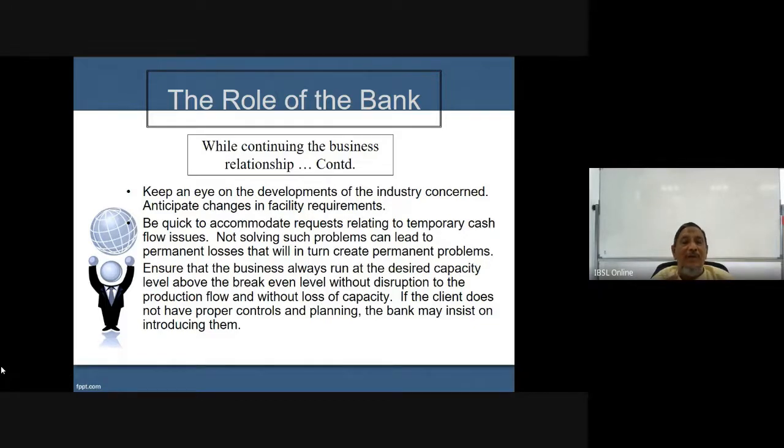Be quick to accommodate requests related to temporary cash flow issues. Not solving such problems can lead to permanent losses that will in turn create permanent problems. Whenever you see a customer coming and asking for a TOD, work out why he is asking for the TOD. TOD is not a product to solve cash flow problems.